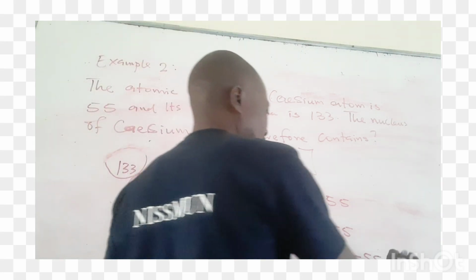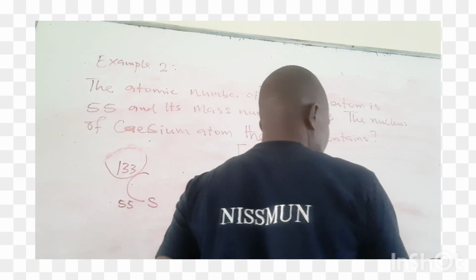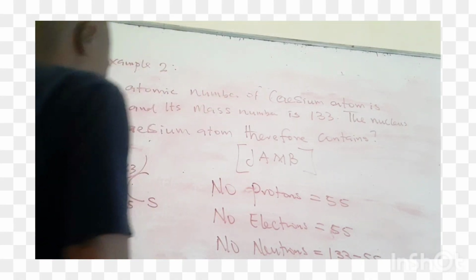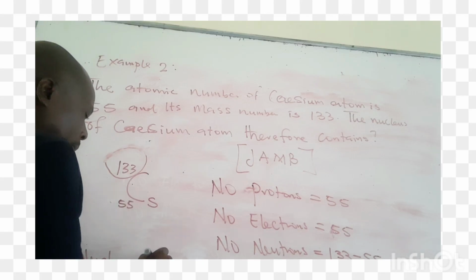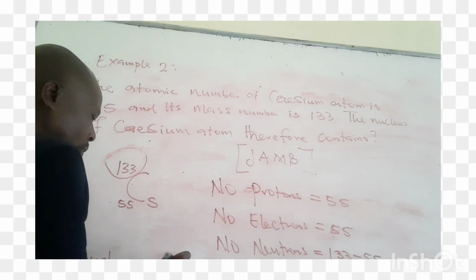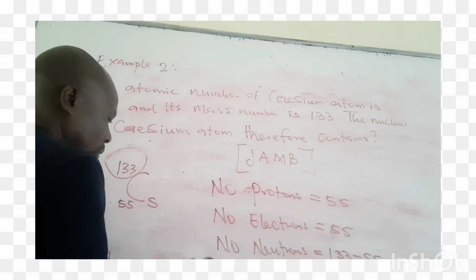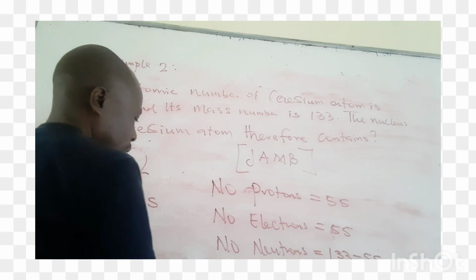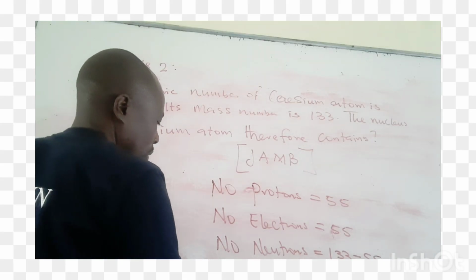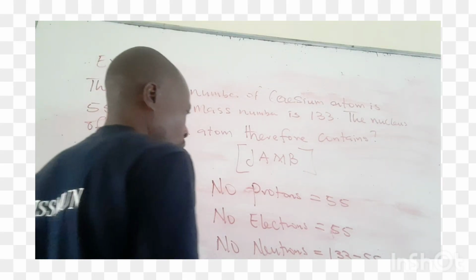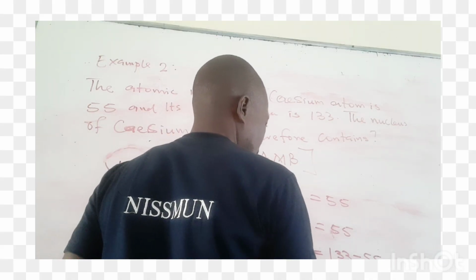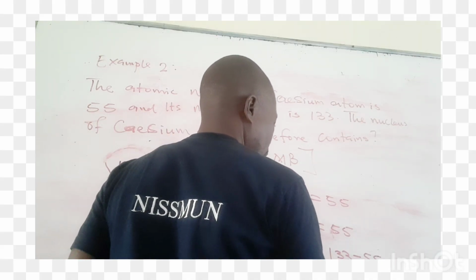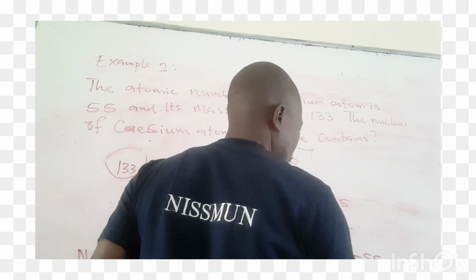So which means I'll have 78. Therefore, the nucleus, which is equal to the number of protons plus neutrons, will be equal to 55 plus 78, giving us 133.